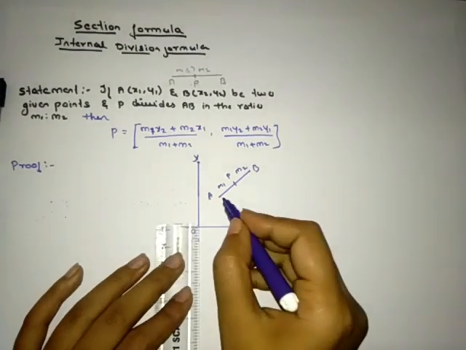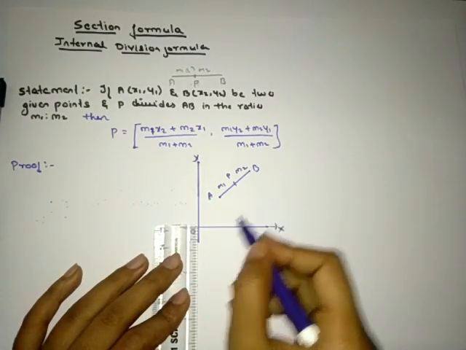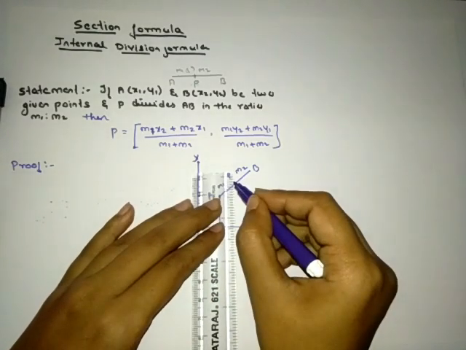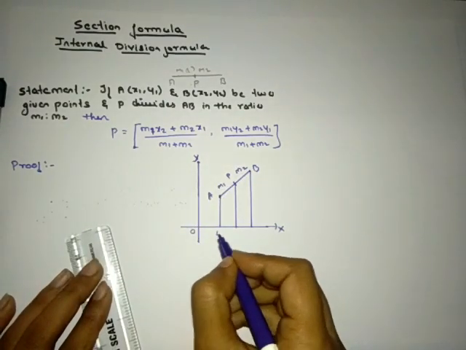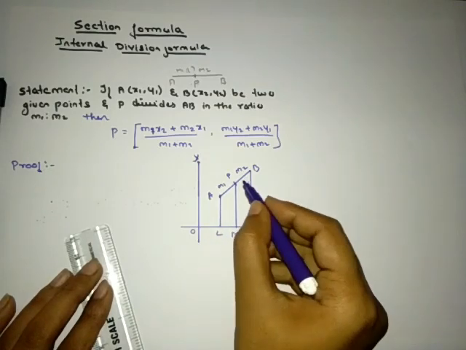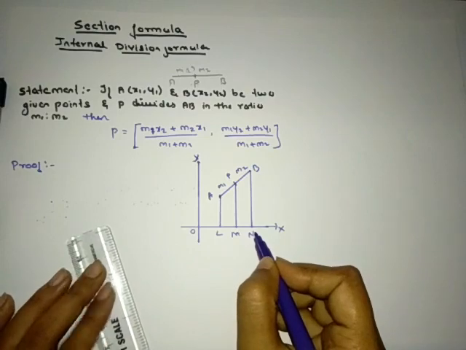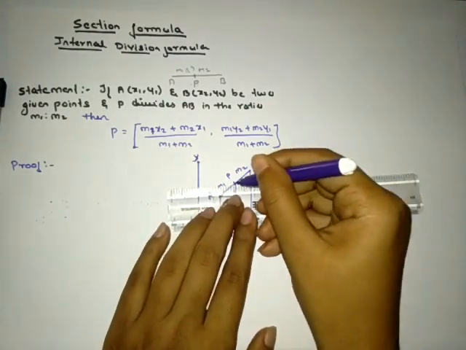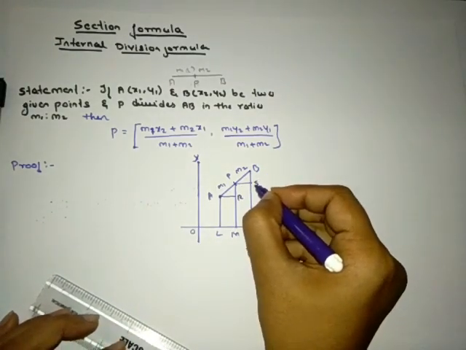Now from the points P, A and B we'll draw perpendicular lines to the x-axis, and we'll name them L, M, N. Again from the points A and P we'll draw lines parallel to LM and MN respectively. We name them R, S.